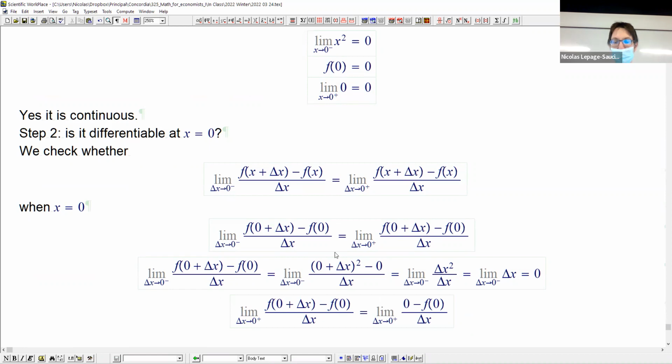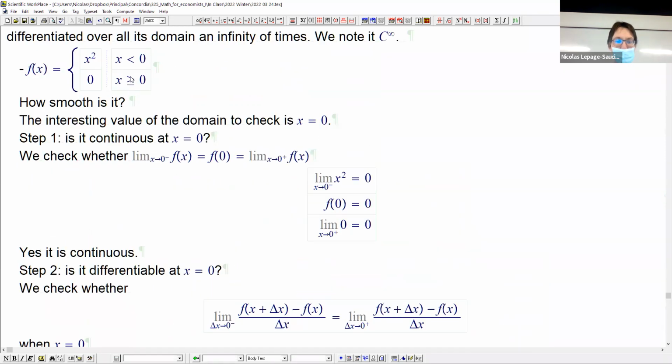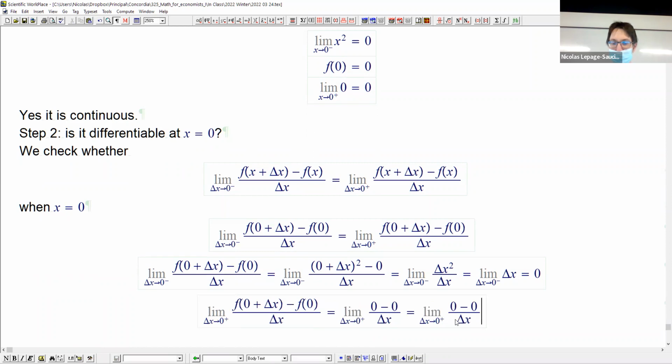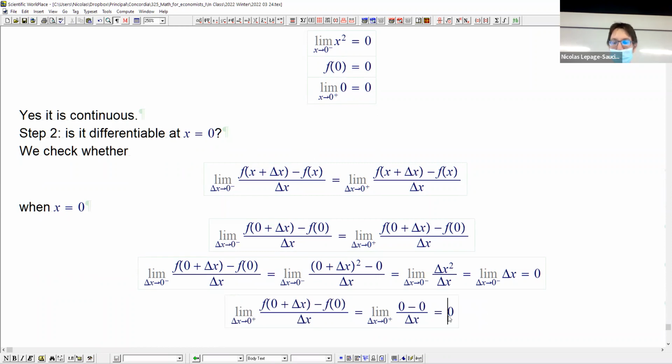And then what is f of 0? Again, I'm in this section, so it's 0. So 0 minus 0 is just 0. And so are they the same? Well, yes, 0 is the same as 0.